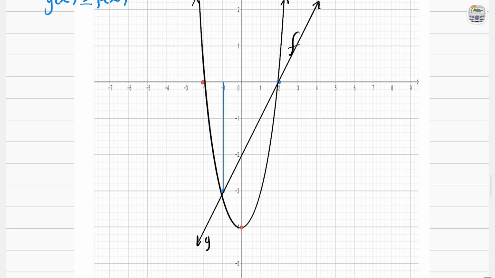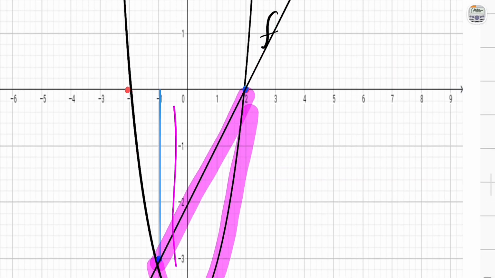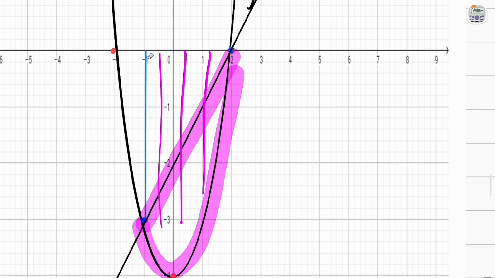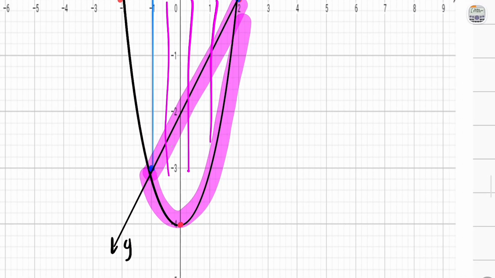So just highlight that and then line it to the x-axis so that you can tell them the values of x for which this exists. These are all the values. We have to say greater than or equal to -1 because they said g of x needs to be greater than or equal to f of x, and at this point, this is where they are equal.